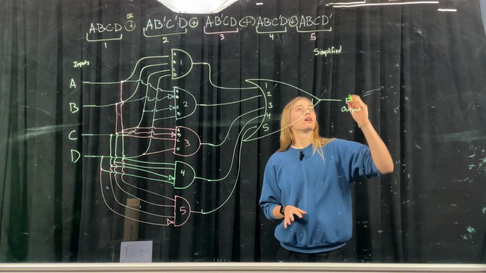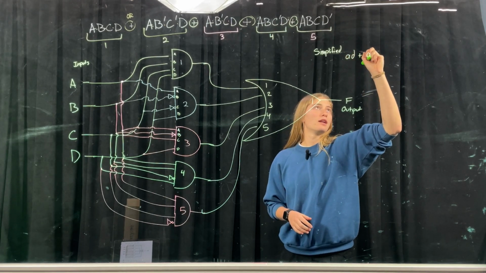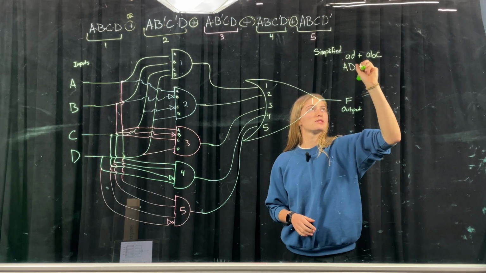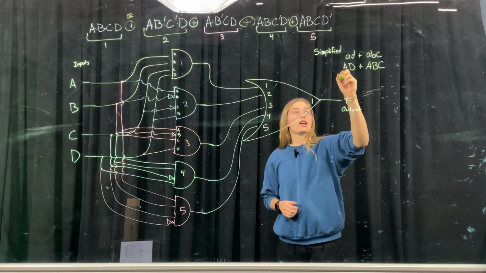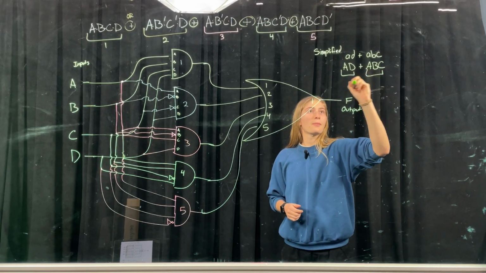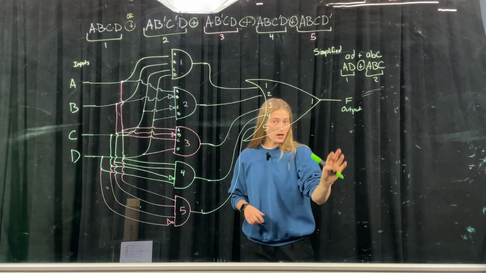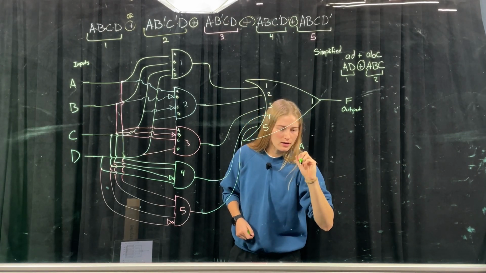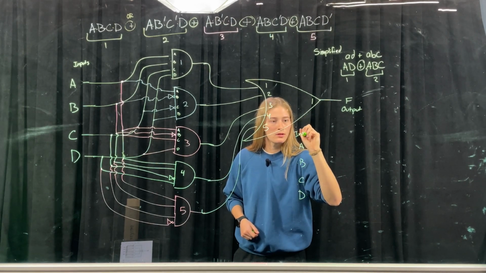So our simplified expression is going to be AD and then ABC. And if you want to keep it in caps, we can do that. Okay, notice that now we only have 2 terms, which means that we're ANDing twice, and then we've got 1 OR. I'm going to draw right here, all in green, AD, so A, B, C, D. These are our inputs.